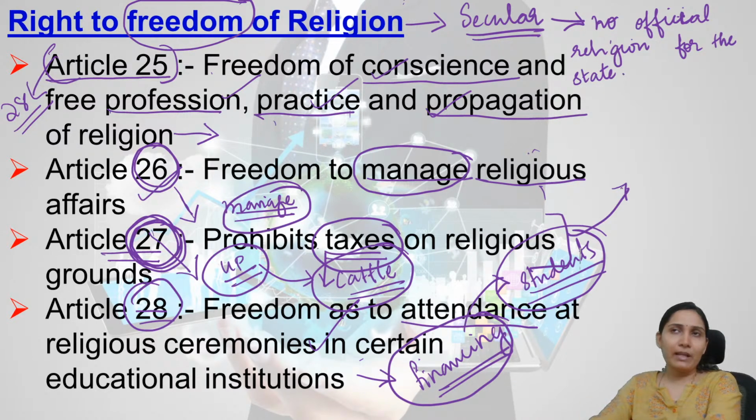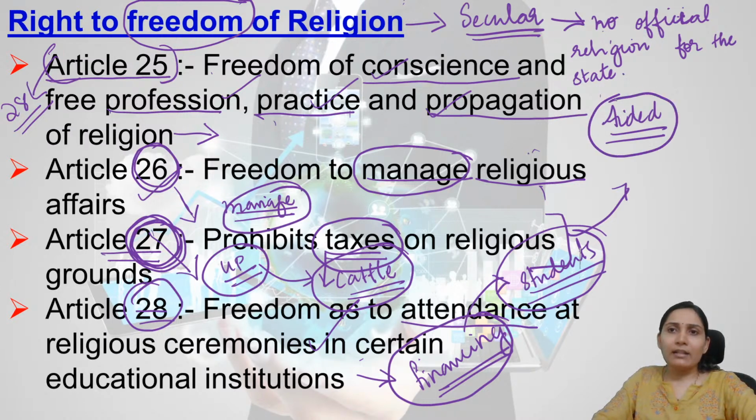Like for example, I'll give you an example of an aided college. So what is meant by an aided college? Aided college means that the aid, that is financial aid, is provided by the government, and the management of the college will be from the part of private people. There are many aided colleges, especially the Christian colleges.